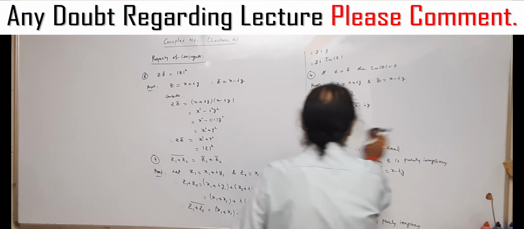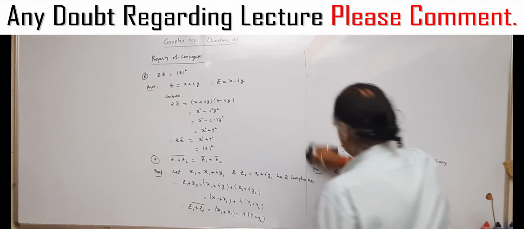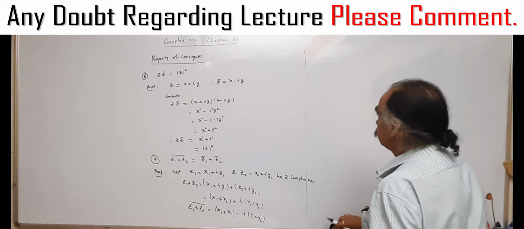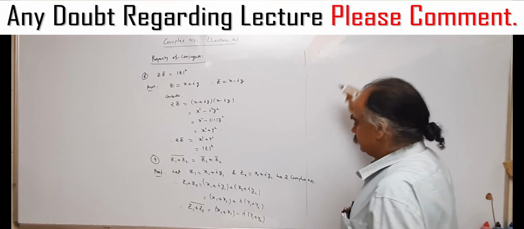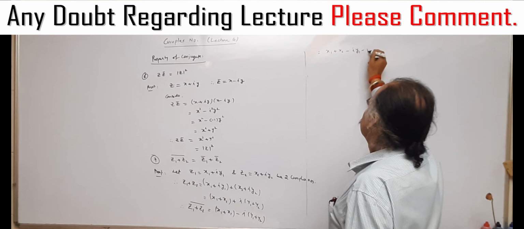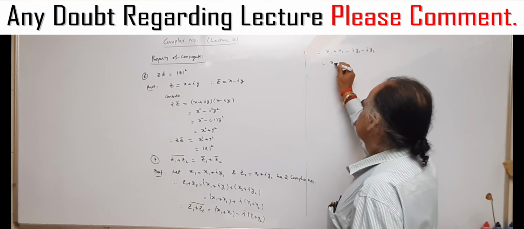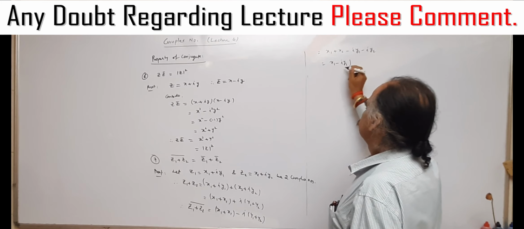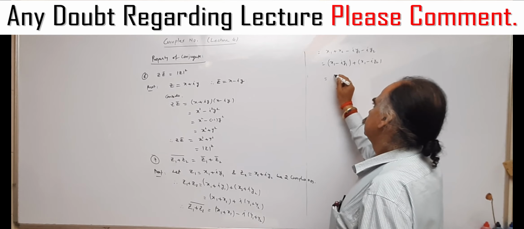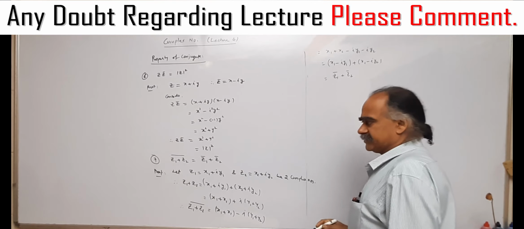When you open this, you'll get x1 plus x2 minus iy1 minus iy2, which is same as x1 minus iy1 plus x2 minus iy2, and this is z1 conjugate plus z2 conjugate.